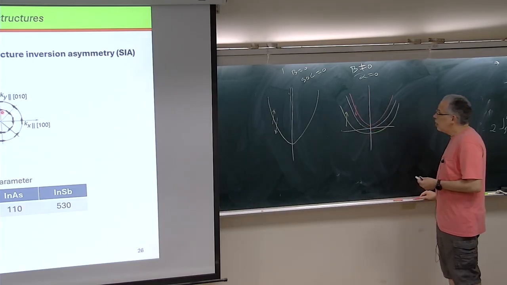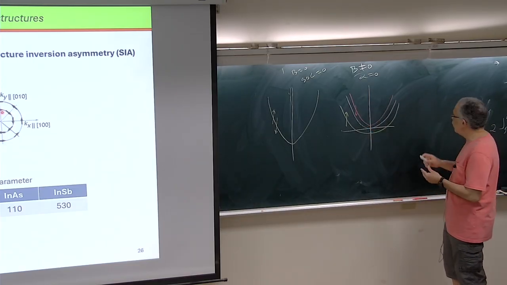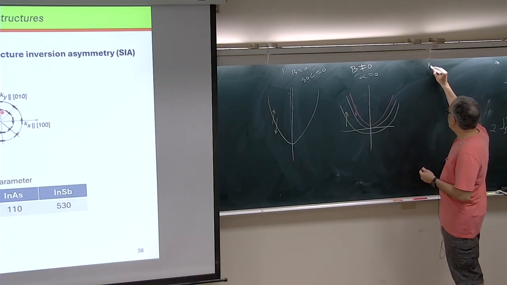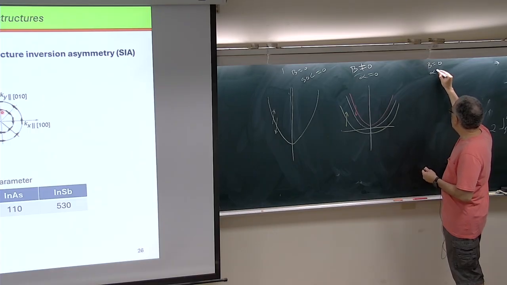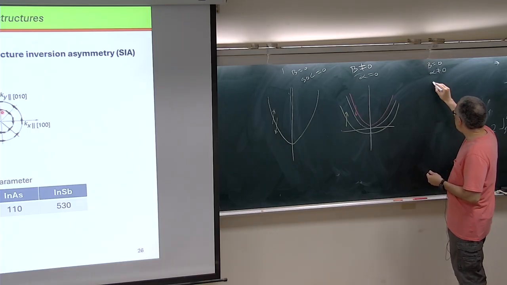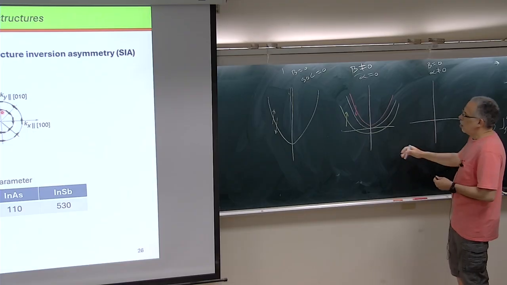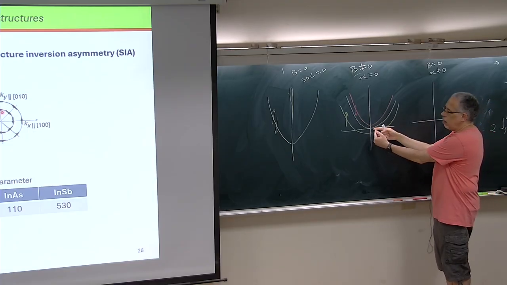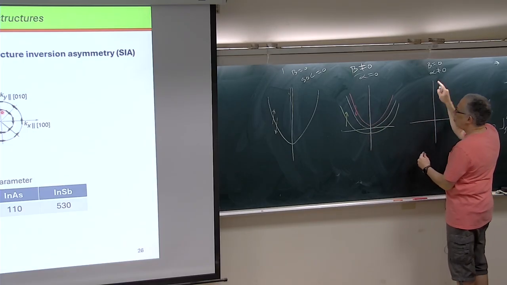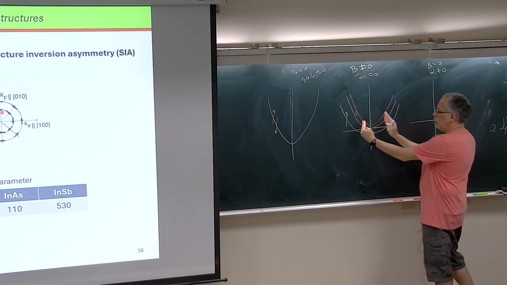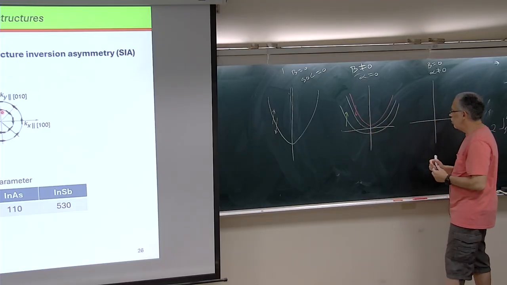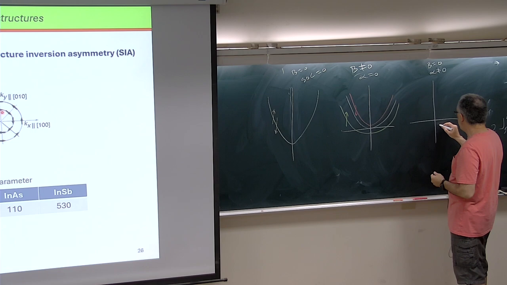Okay. So what happens now if I have B equals 0, but alpha is different from 0? Here the bands shift vertically, one up and one down. In that case, they will shift horizontally, one to the left, one to the right. And I will end up with something like this.